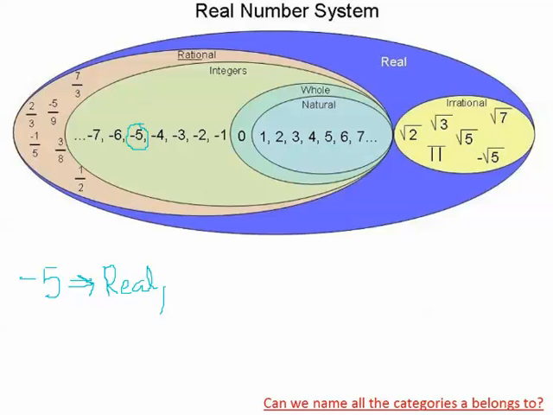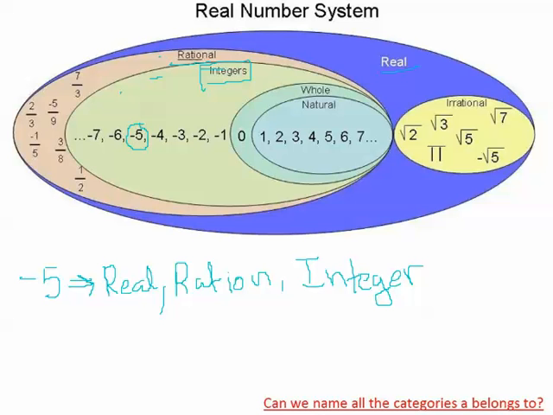And it's an integer because it's a negative whole number. So that tells me that it's real, and see how the integer circle is inside the rational circle? So it's real, it's rational, and it's an integer. So if you were asked to name all the categories it belongs to, you would say real, rational, and integer. But if you were asked for the most specific category, then you want the most inside one, and in this case, it's integer.